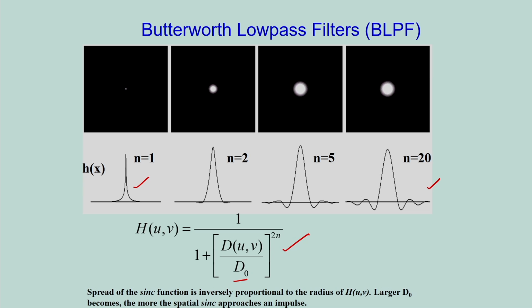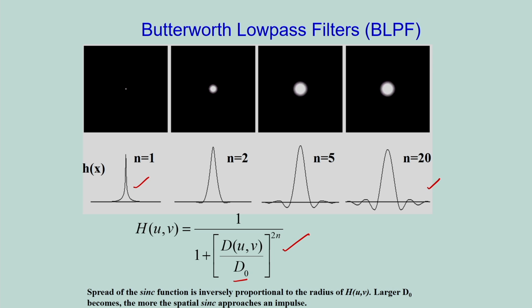In this case, each pixel in the image is like a discrete impulse, and convolving a sinc function with an impulse copies the sinc at that location of the impulse.